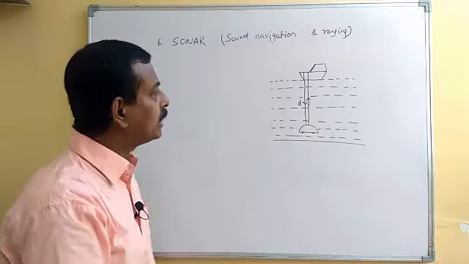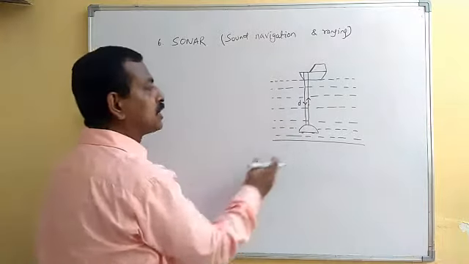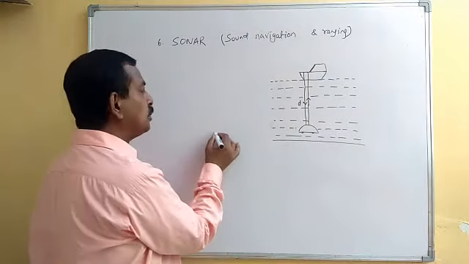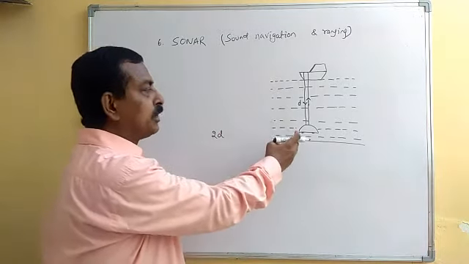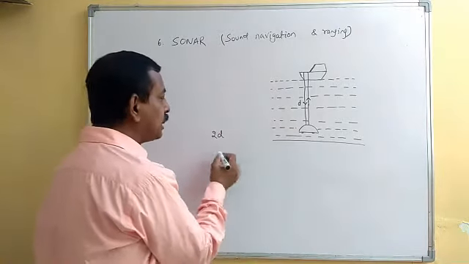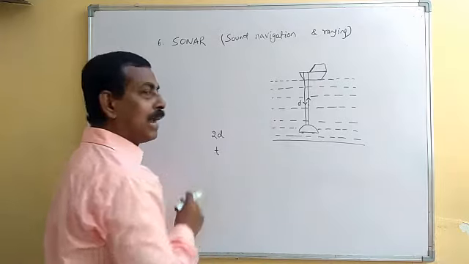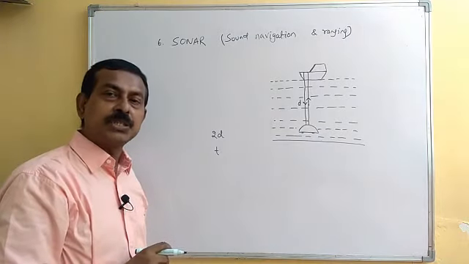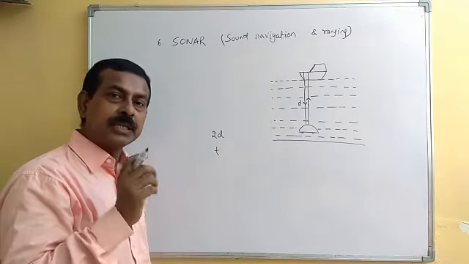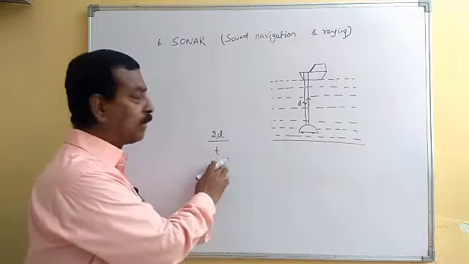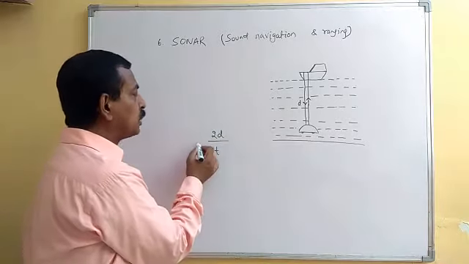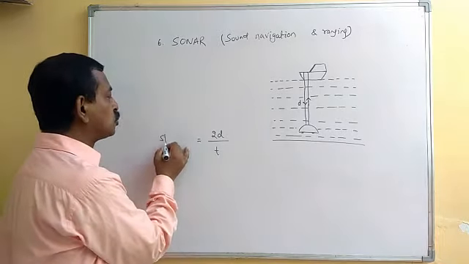So again here, if you consider, the total distance traveled by the ultrasonic waves will be 2d, and if I assume that t is the time lag between the transmission and reception of the signal, in that case 2d by t will be equal to the speed of the ultrasonic wave.